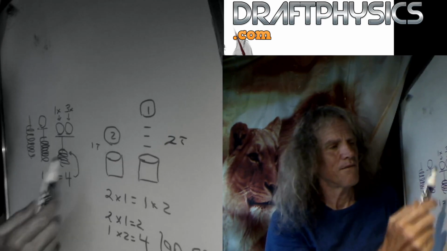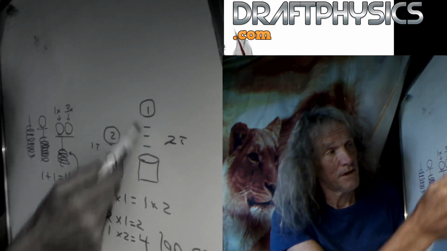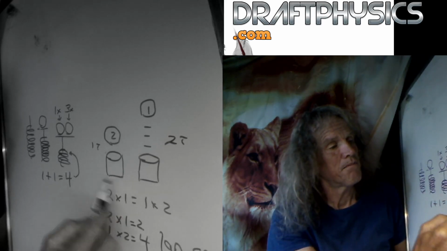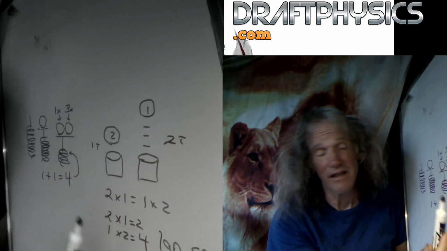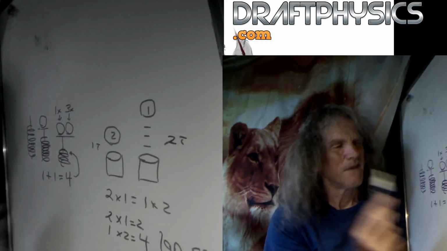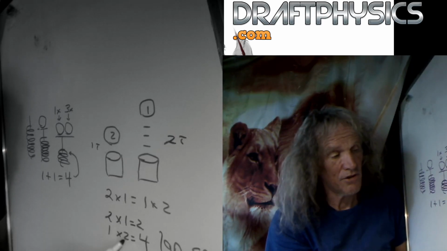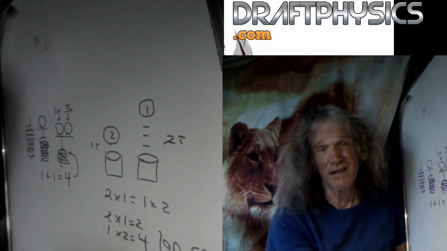Alright, so we've been playing with clay and springs. So he did the clay experiment correctly from the correct heights, and it came out perfectly demonstrating what I think is reasonable. 2 times 1 equals 1 times 2. But Ian says that can't be right, because 1 times 2 equals 4. And that's what he's doing.